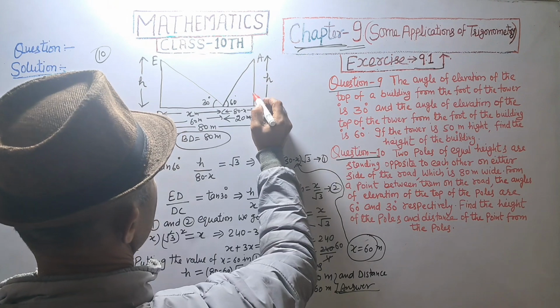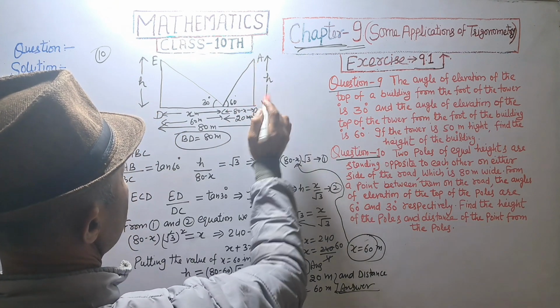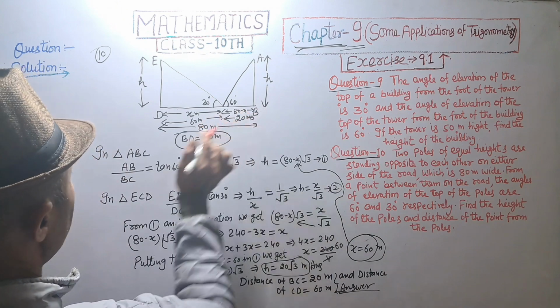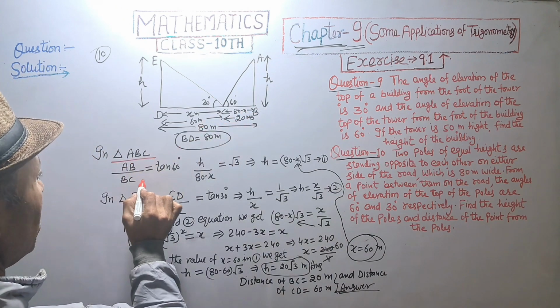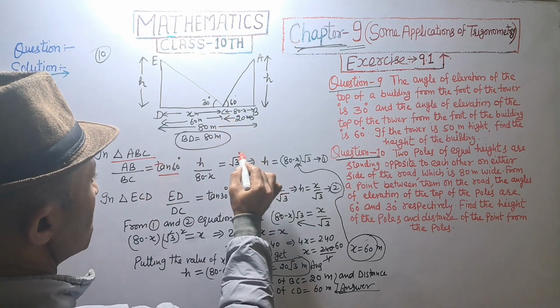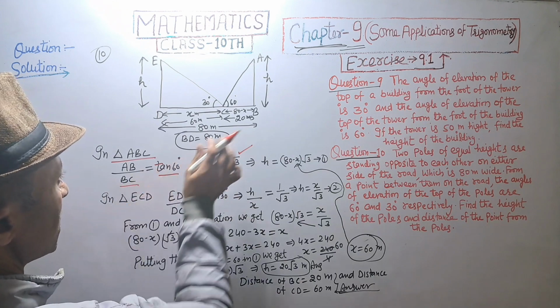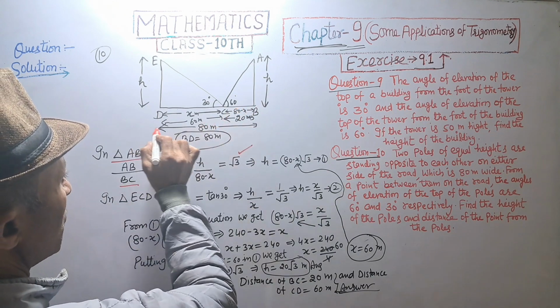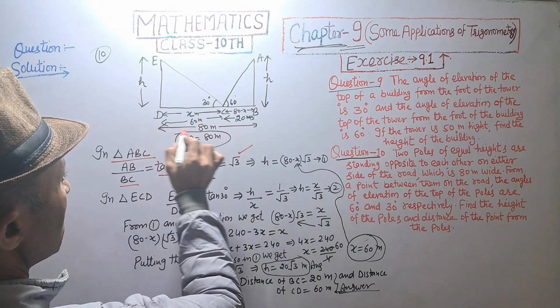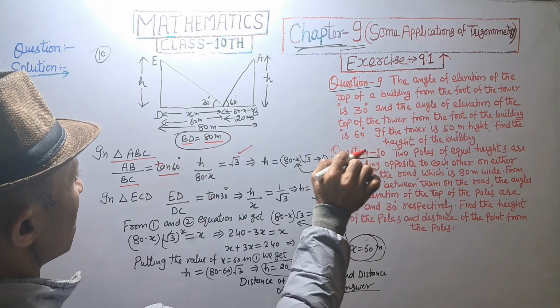In triangle ABC, AB upon BC is equal to tangent 60 degree, that is root 3. AB is height h upon BC is equal to 80 minus x. Total distance BD is equal to 80 meter is given.